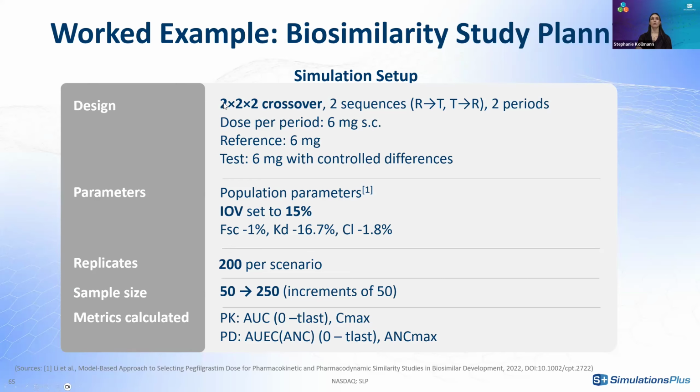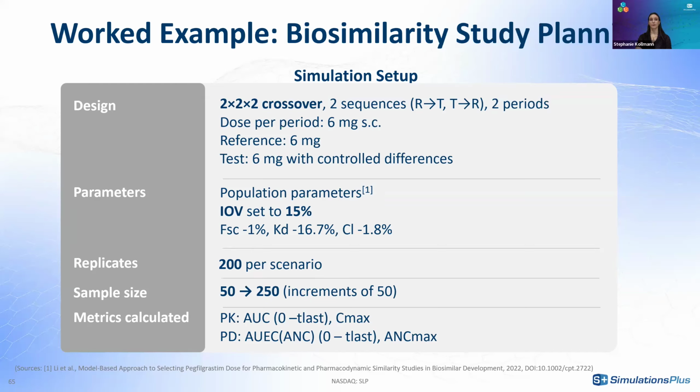So the design again is a 2x2x2 crossover study with sequence from reference to test and test to reference over 2 periods with a single 6 milligram subcutaneous dose per period.